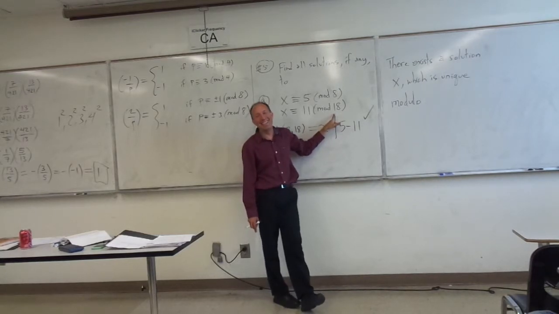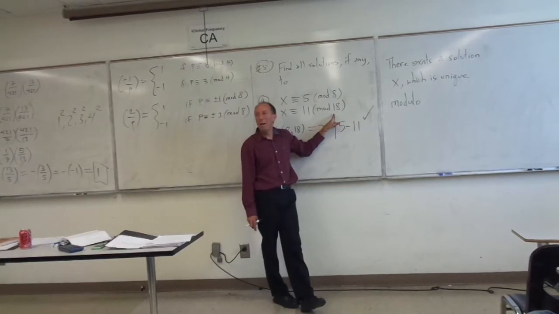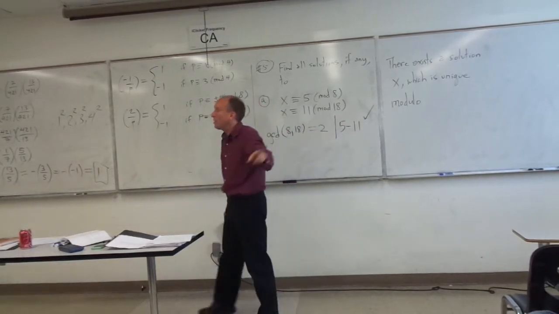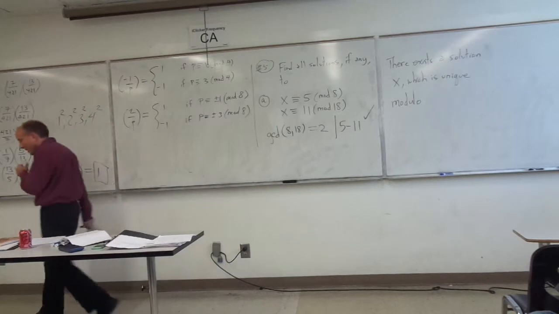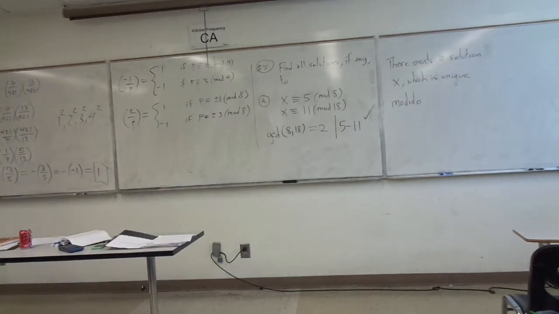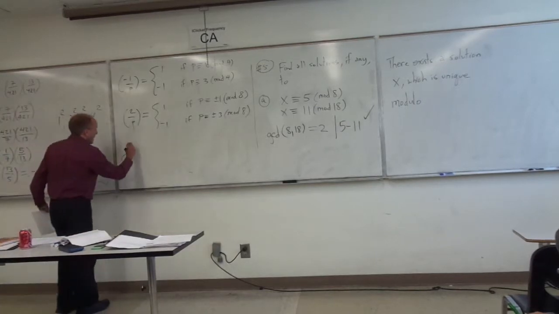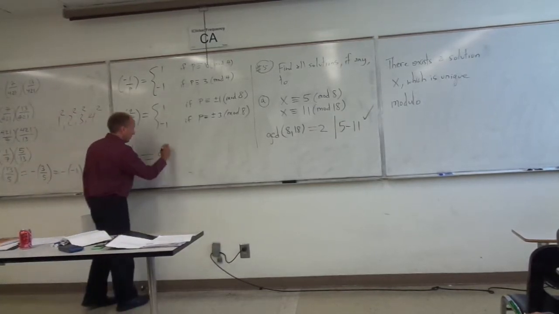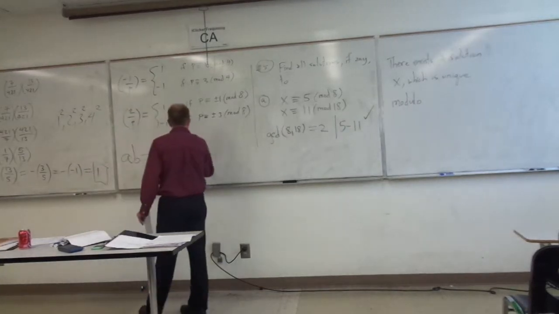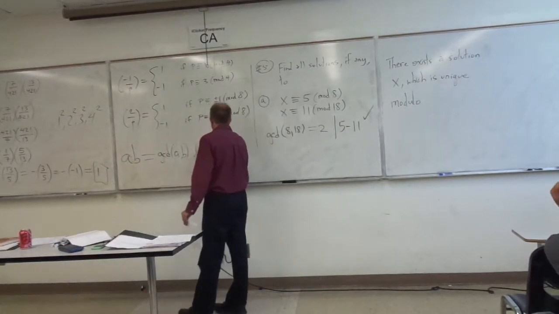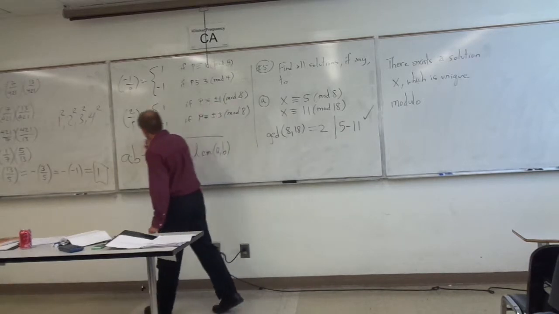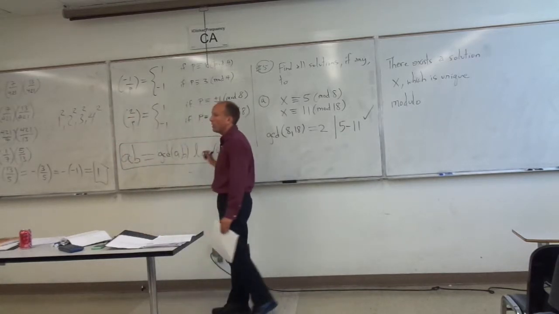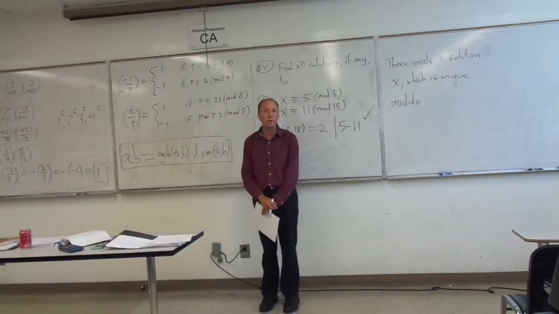What is the least common multiple of 8 and 18? GCD, total product divided by GCD. 72. Yeah, the reason I was asking the question is because I just wanted to remind you about a little fact that's good to know. The greatest common divisor of two numbers multiplied by the least common multiple of two numbers is equal to the product of the two numbers. Actually, you should be able to prove that.